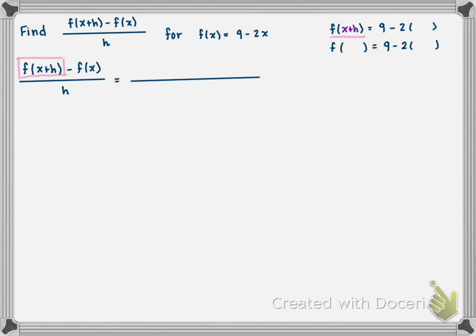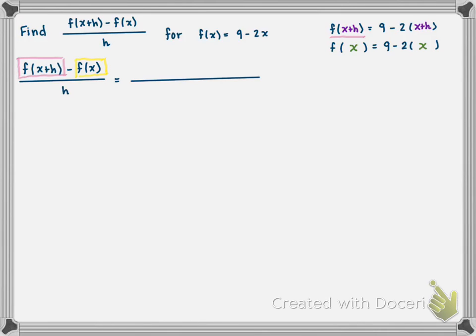And if I put an x plus h in that set of parentheses, I have to put an x plus h in every set of parentheses on the right side. So I get that. If I want to figure out what this is, I say, okay, to make the left side look like that, I have to put an x in the parentheses. And if I put an x in the parentheses on the left, I have to put an x in the parentheses on the right.